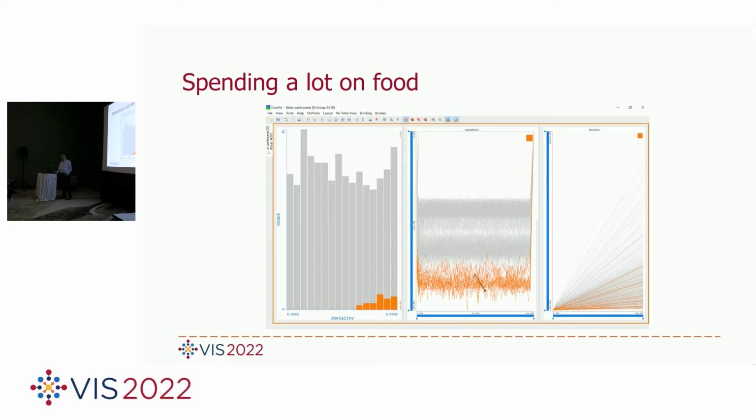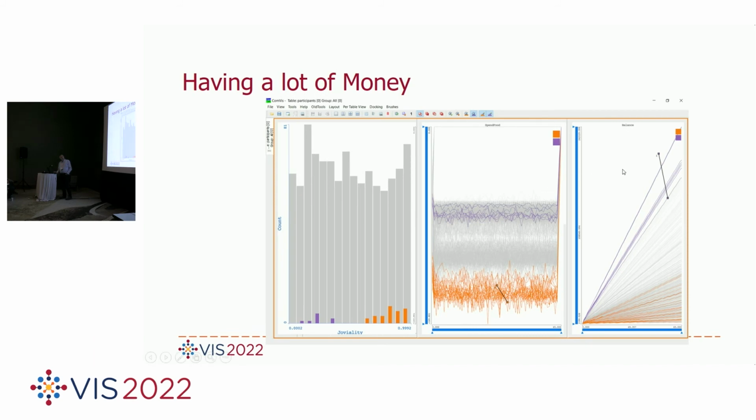Interestingly, these people do not have a lot of money, but they still spend a lot on food, and they're happy. If we brush now with another brush in another color, just to compare, people who have a lot of money, they don't spend a lot on food, and consequently, maybe they're not so happy. So maybe this helps you answer the question, what makes you happy?